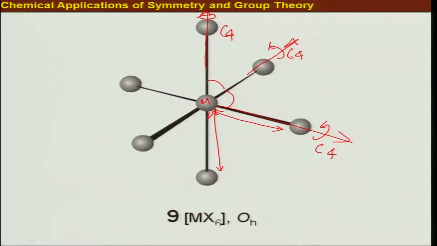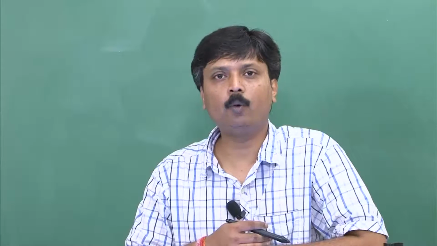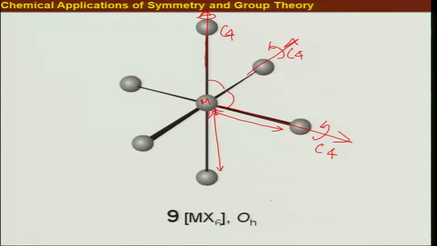Then you ask certain questions that we did there. Does it have i? Yes. Then you ask again, does it have a C5? The answer is, here there is no C5. Then what is the choice we have? The choice is it's an Oh symmetry. So this particular molecule will have an octahedral symmetry. Symmetry is octahedral obviously, and the point group also will be Oh, or octahedral. So this is my point group. You can see these two are different, and their properties also will be different.